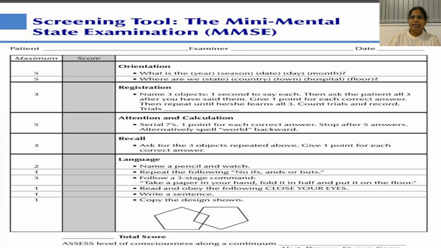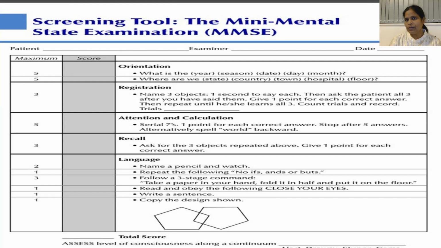Mini mental status examination. It is a screening tool which is used to assess the cognitive function of an individual, and it helps us to identify if a person is having any cognitive impairment.